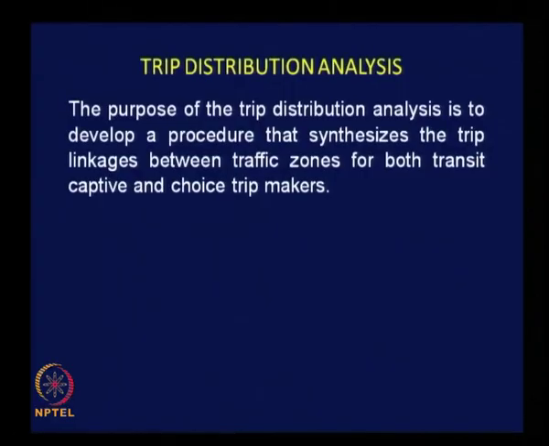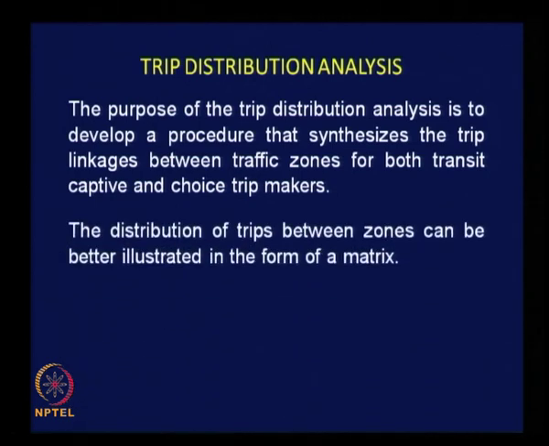And the distribution of trips between zones can be better illustrated in the form of a matrix. Why in the form of a matrix? Because we are going to study distribution of trips from one zone to all the other zones.